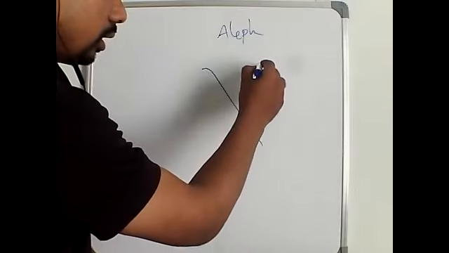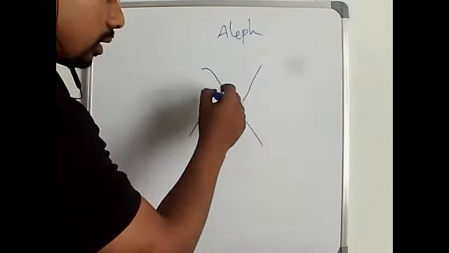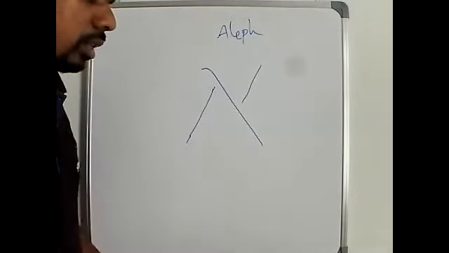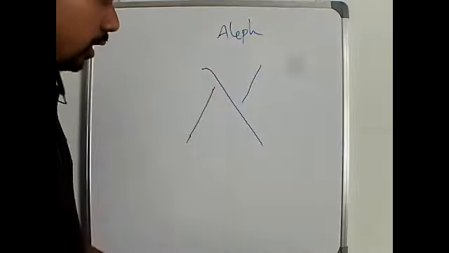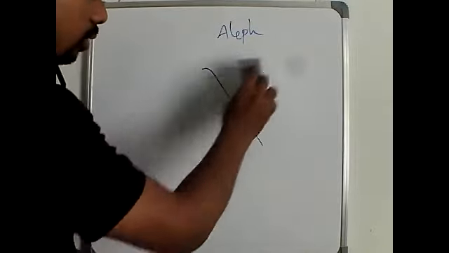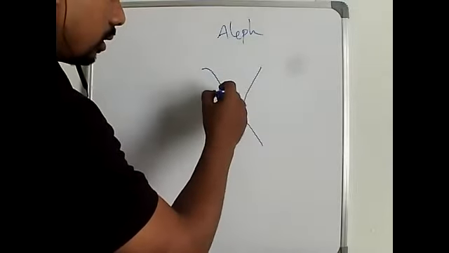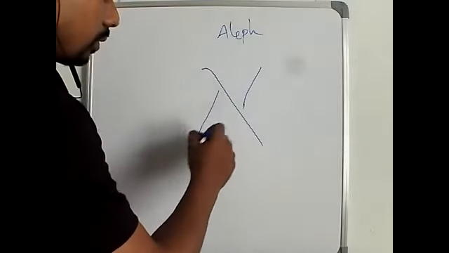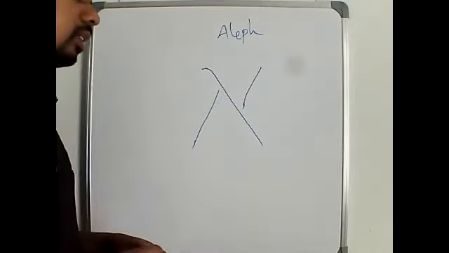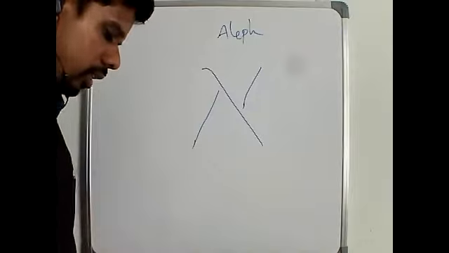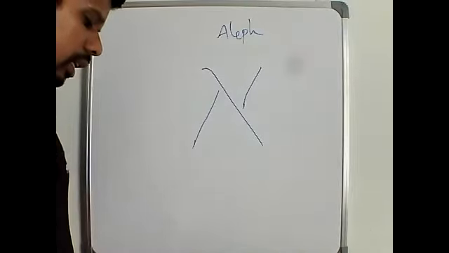Then here you put a small line and here you put another small line, just close to that. This is what is called Aleph. Technically, you don't have to go very close, but see, something like this. It looks like X, but this is the first letter in Hebrew, Aleph.